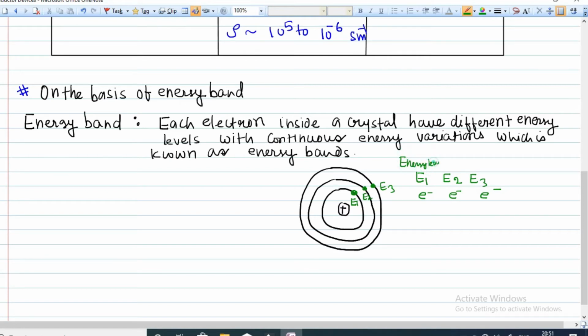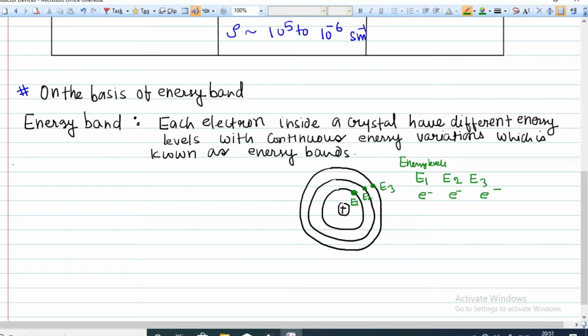So when electrons are present in a lattice, they have different energy levels with continuous energy variations. It is not concentrated at a single point. This continuous variation of energy of the electrons in a lattice is known as energy band.